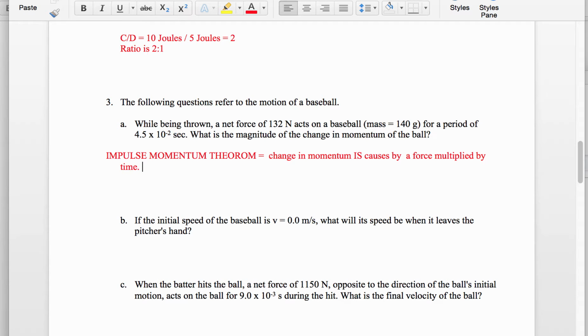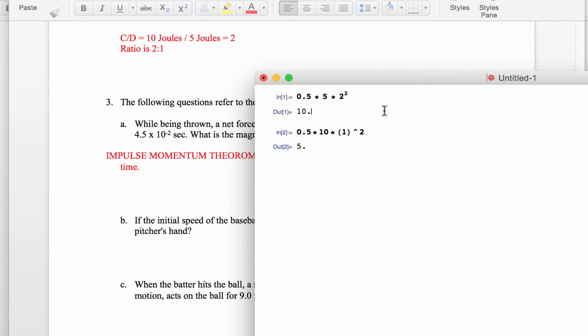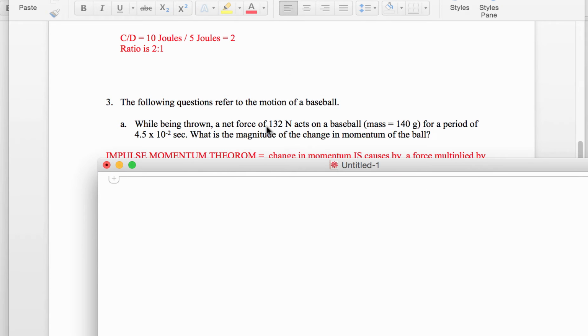And so here we have a force and a time. So where's our force here? Our force is 132 newtons. And what's the time? 4.5 times 10 to the negative 2.